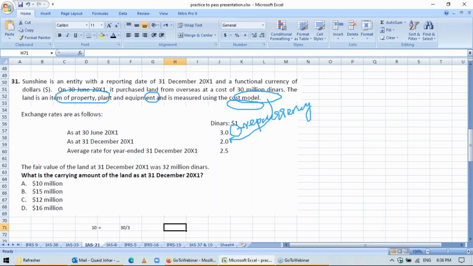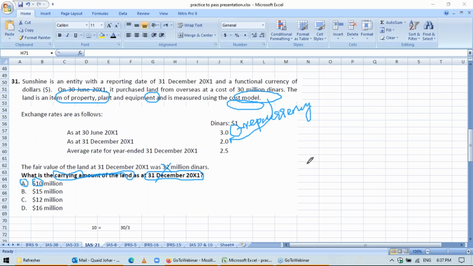And what they ask is, what is the carrying amount of the land at 31st December 2001? So land will not be depreciated, right? And this is not relevant in this case because we are not using the revaluation model. 32 million is not relevant. So the correct answer is A, which is 10 million.